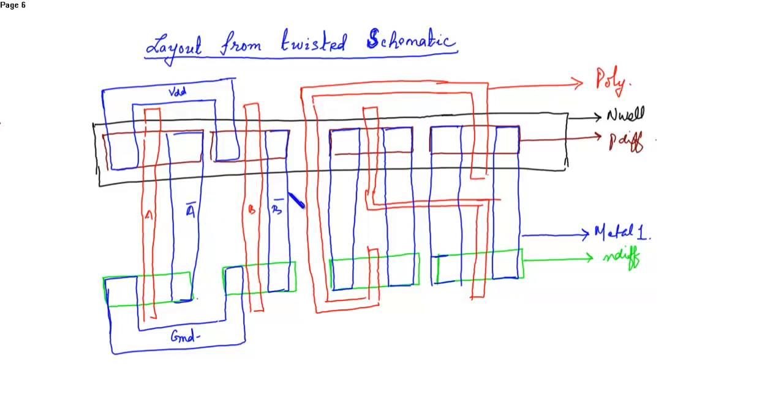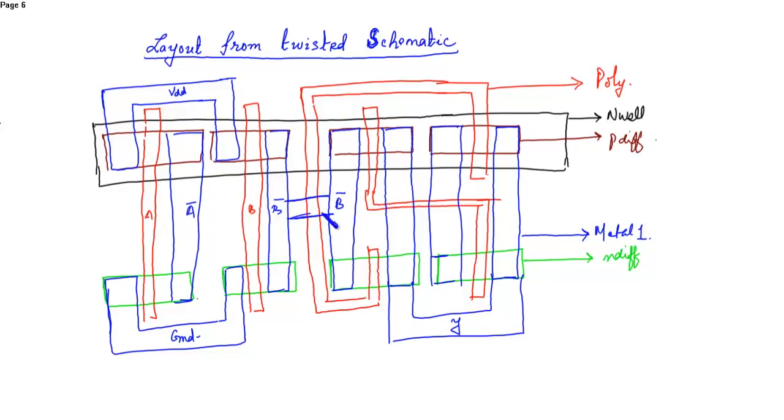So we know that this B bar is connected to this input, so this can be done directly from here. So this gives the input B bar to the first transmission gate. This is the output, and we know that the outputs of the transmission gates are shorted in order to give one output Y.